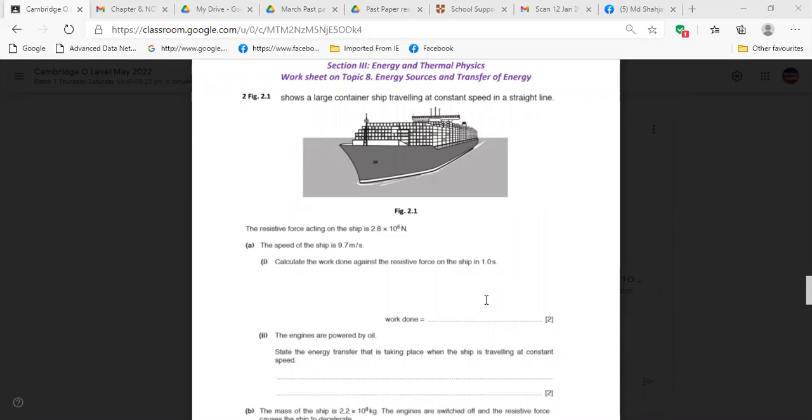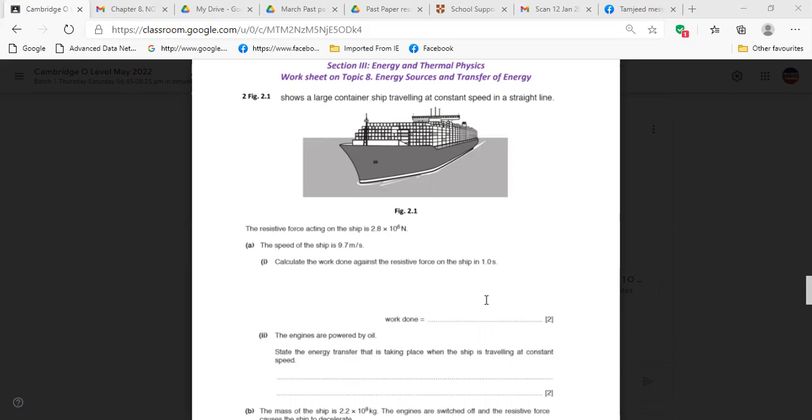So in this question we have speed, right? Calculate the work done against the resistive force on the ship in 1 second. We have time.